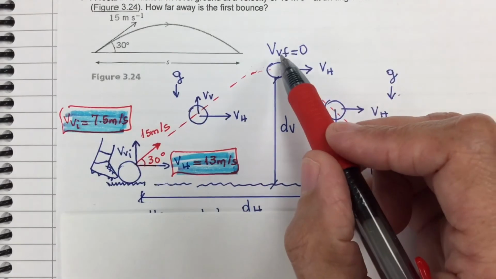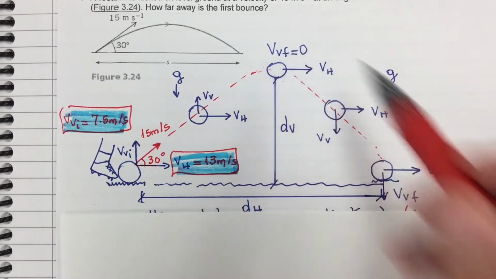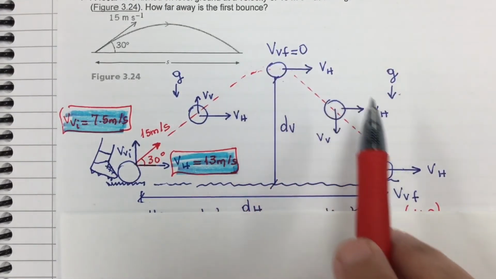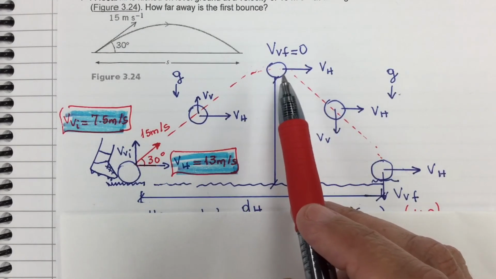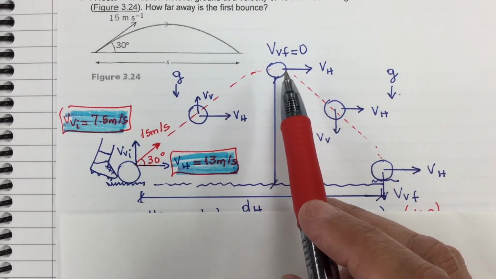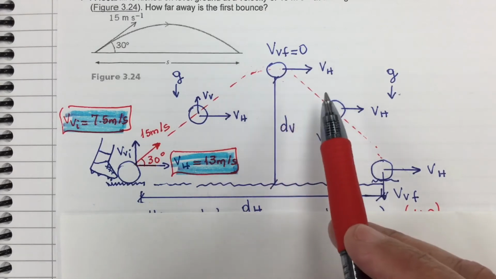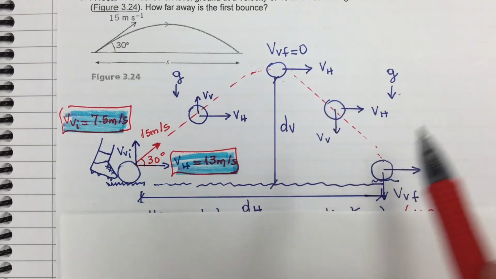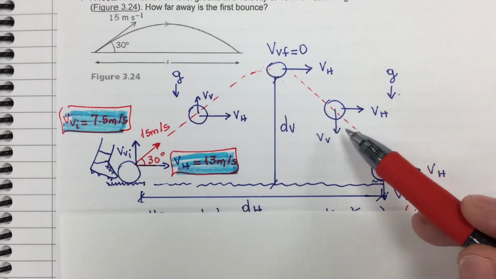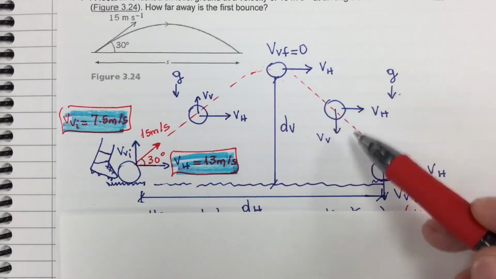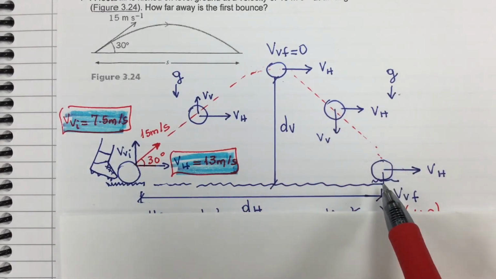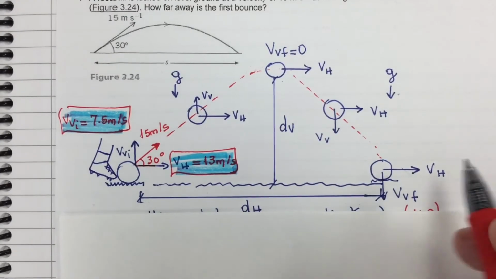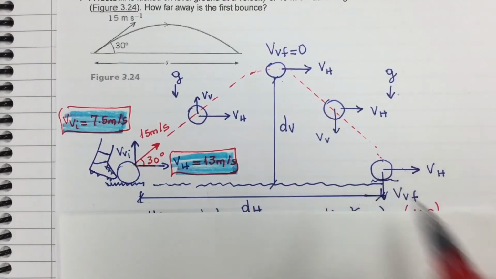At the point here, it is going to be 0. On the other side of this trajectory, the initial velocity for the vertical will be 0 and is going to increase because now it is in the same direction as the acceleration of gravity. So it's going to get higher and higher until it lands here on the ground. And here is going to be the first bounce.